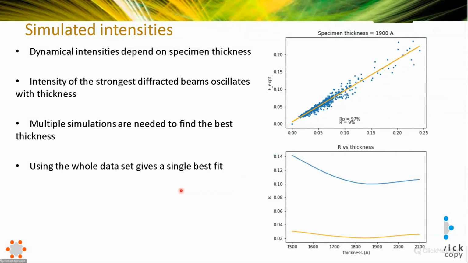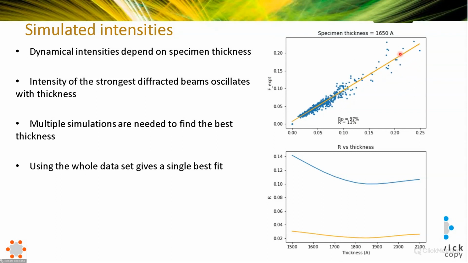First, you've got to make sure that the thickness is right. So here is a plot of experiment versus simulation as a function of thickness. So I'm changing thickness, and you can see some of these strong reflections really move backwards and forwards as you change the thickness.